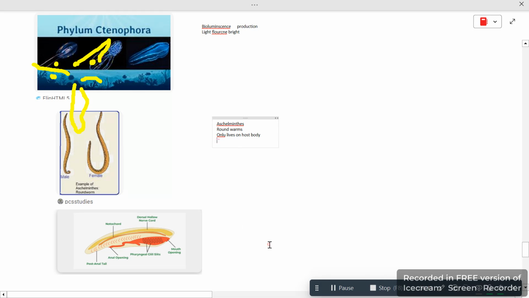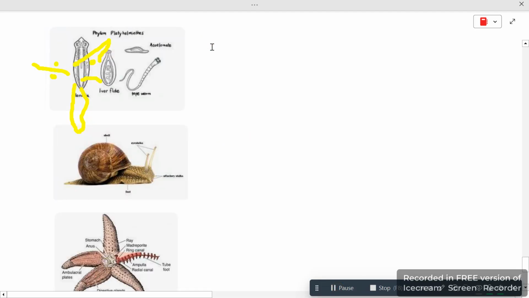Then we have another example. I forgot the picture which was on the screen before. I will share that in the last part. So this is the phylum Platyhelminthes, and the example is flatworms.